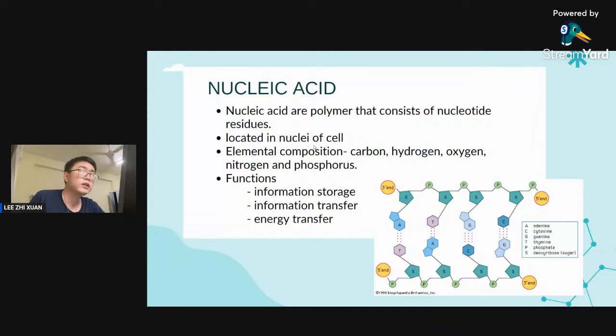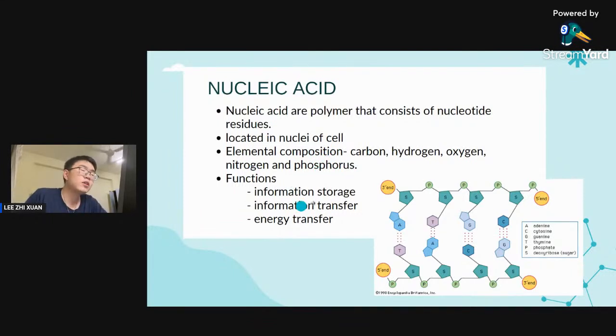Because prokaryotes do not have a nucleus, it just lies in the cytoplasm, so it is not what we call nuclear DNA, because there is no nuclear envelope to bound the nucleic acid. The elemental composition is carbon, hydrogen, oxygen, nitrogen, and phosphorus.